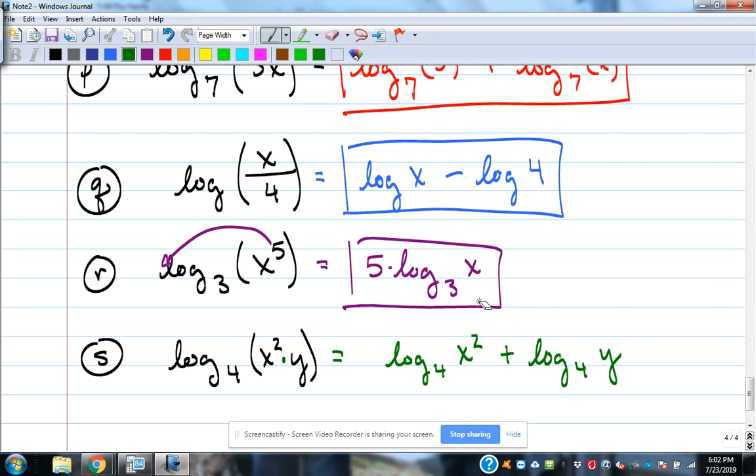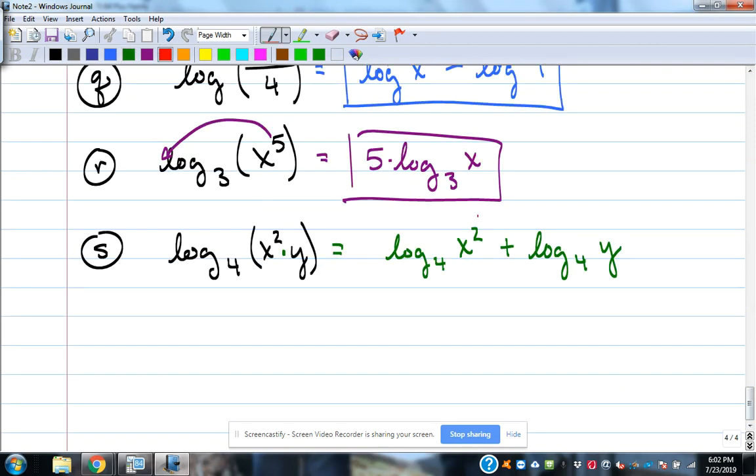Then we look at each piece of the addition problem and say, can I do anything else to it? So the first piece, we got log base 4 of x squared. It's got an exponent on it. Where can that exponent be moved to? Down to the front. Okay.